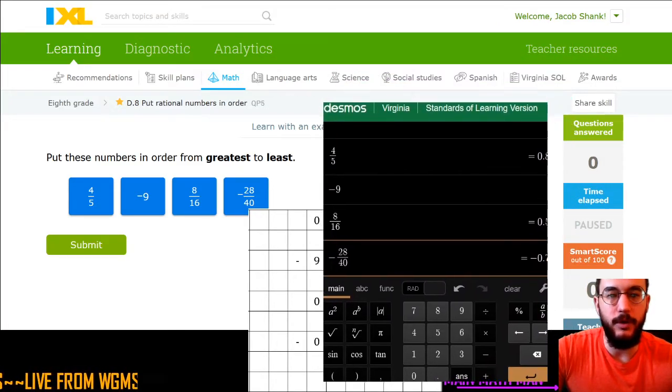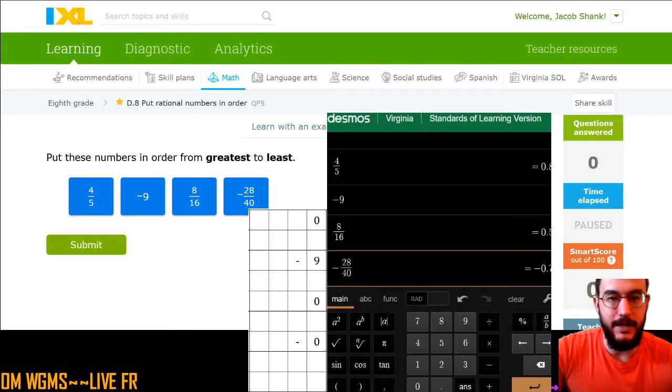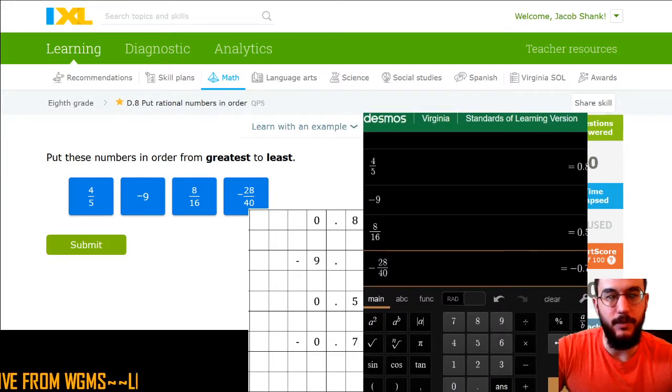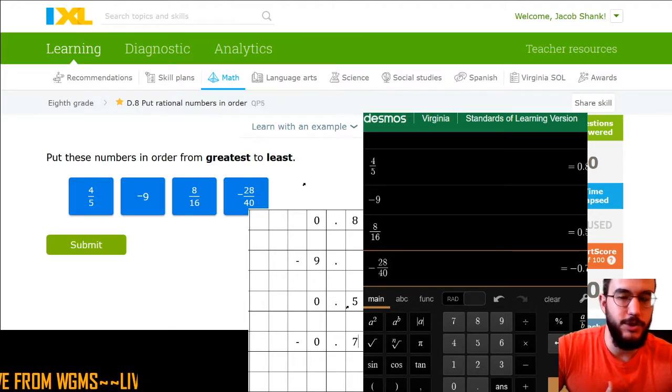I cover up these values and I can see these two values that are negative, so I can already cancel those out. I'm mainly looking at this 0.8 and this 0.5. When I look at it, I ask, with that 0.8 or 0.5, which one's greater?